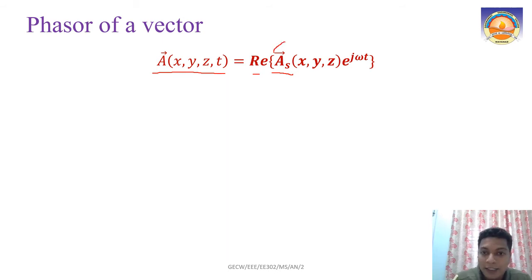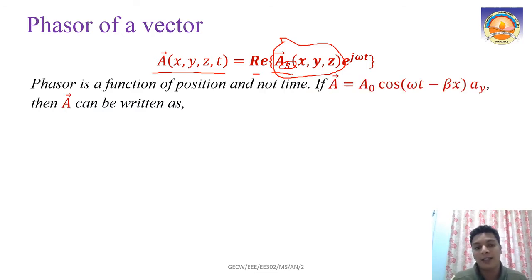So what is our phasor here? The phasor part is As of x, y, z. The suffix s represents the phasor quantity. So As of x, y, z is the phasor form of the vector. Phasor is a function of position and not time. That is the importance here.